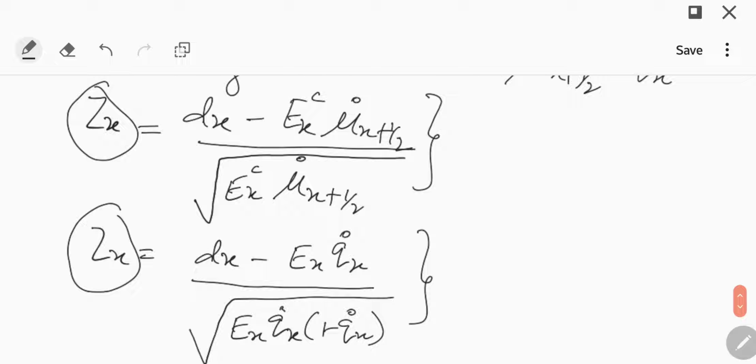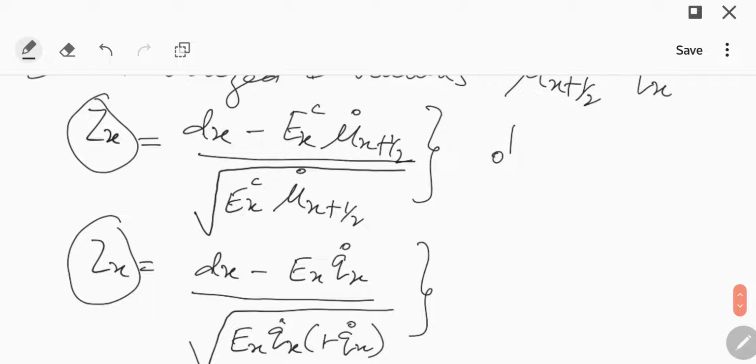So I compute the z at each of the ages by computing the standardized deviations, to see whether my observed data fits the graduated rates.